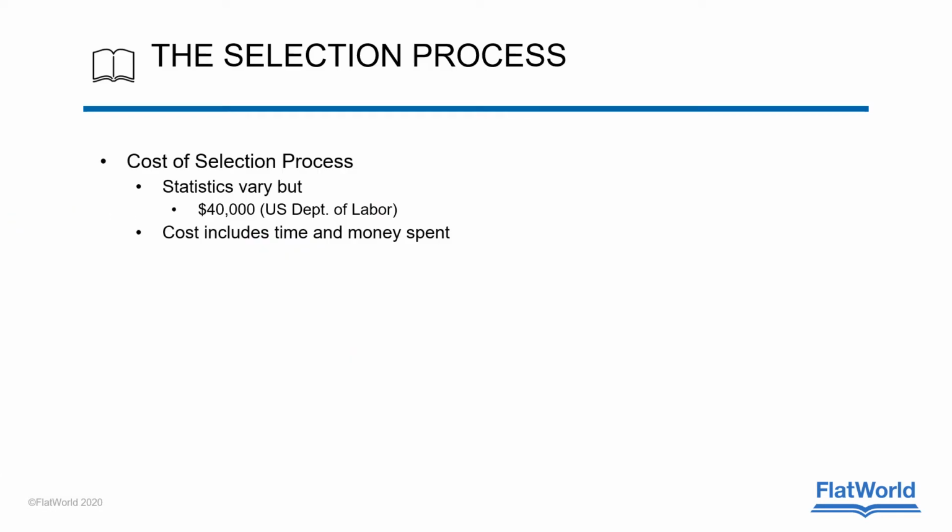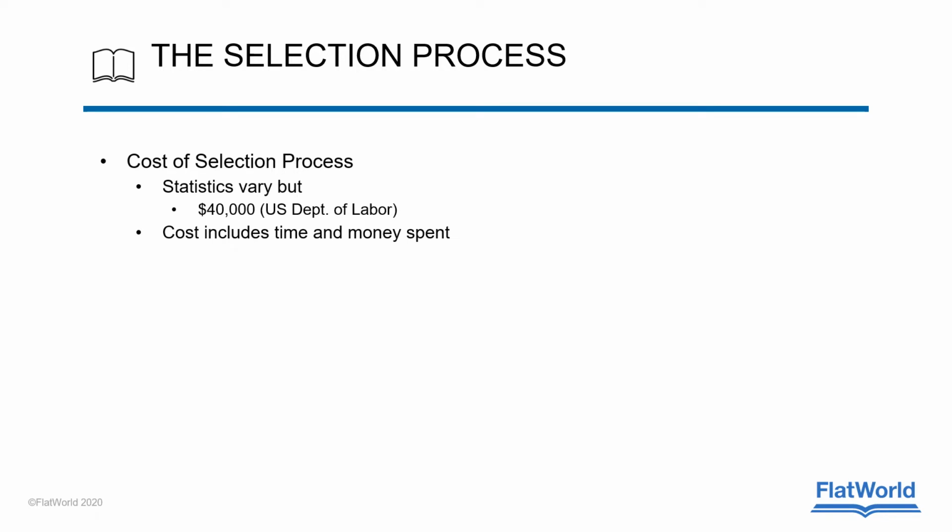So, Chapter 5, Selection. One of the first things to note, and we talked a little bit about this in the prior chapter with respect to the cost of recruitment, is the cost of the selection process. Statistics vary, but the U.S. Department of Labor has said it usually costs about $40,000 to conduct a search. This cost includes the time, which is a soft cost, that the members of the search committee, selection committee, or even just one person, put into the selection, as well as the money spent on it.